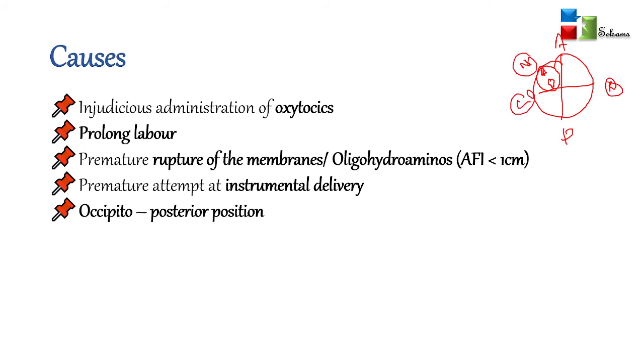But if the occiput is at the posterior part and this is the anterior fontanelle, it has to travel a long distance. During the mechanism of labor, it has to rotate and reach here. In that time, this constriction ring occurs.